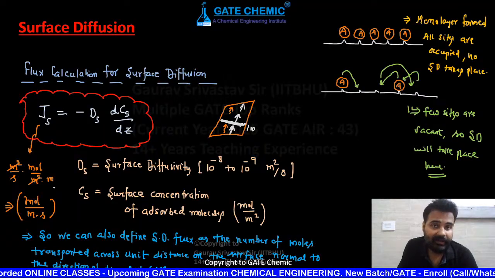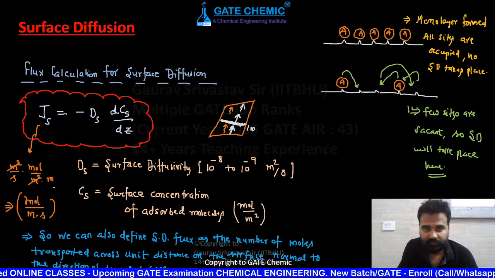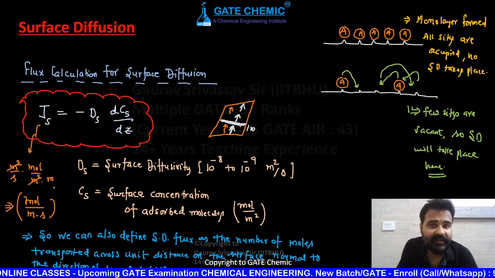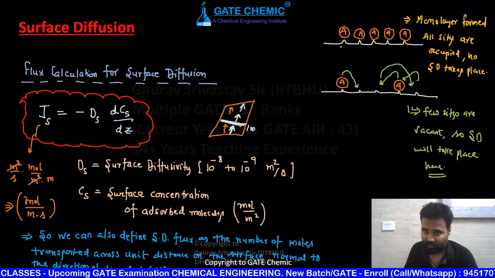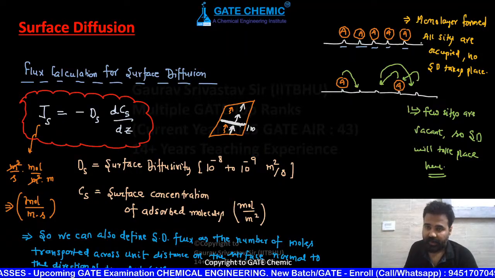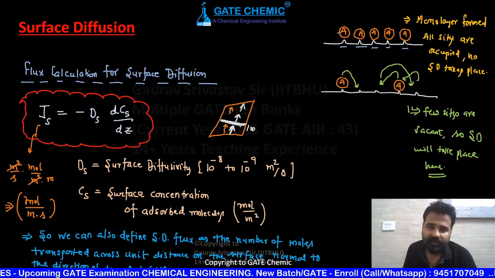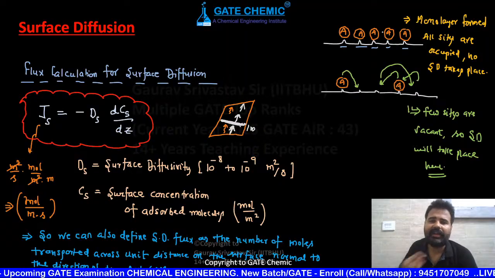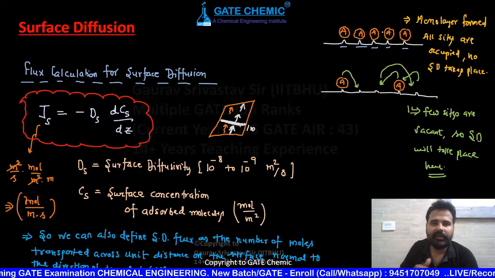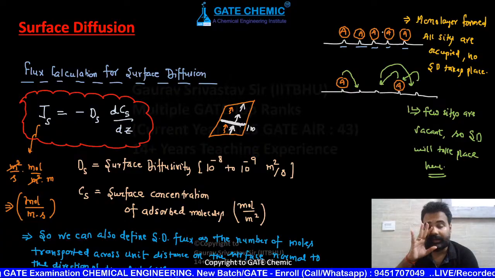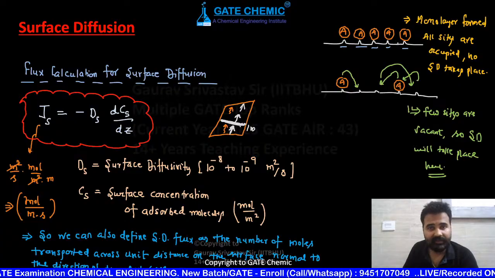Just think about a catalyst. You have seen active sites in a catalyst. Suppose these are the active sites I am showing here, and on all active sites A is sitting. So can A run here and there from one side to another? No, A can't go towards any other side.